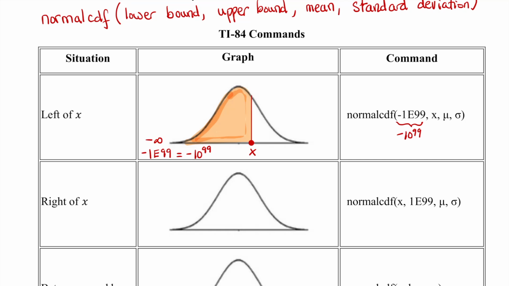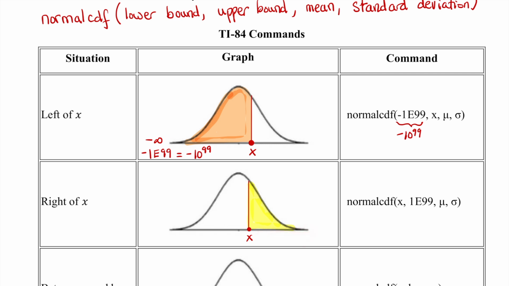Now, let's look at the area to the right of x. X is the number on this horizontal line. Suppose x is right here. We want to find the probability that a randomly selected value is greater than x. In other words, we want to find the area to the right of x. In this case, the shaded region starts at x and continues forever to the right.